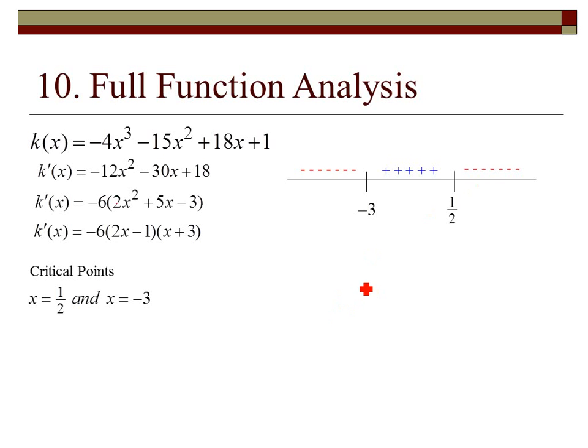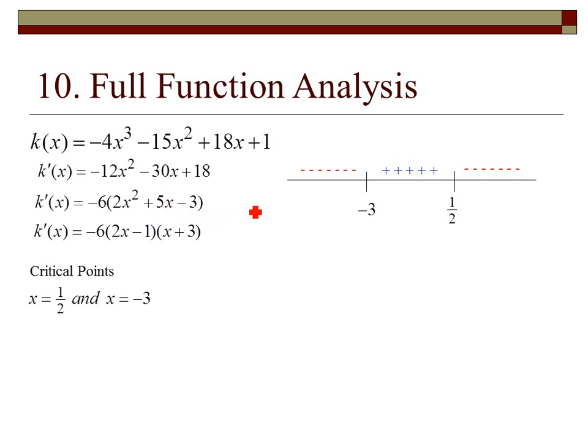You could plug in points to test it. I could try it by plugging in 1. If I plugged in 1 in this equation, I would have negative 12 minus 30. That's negative 42 plus 18. That's negative. So I could test it. But once you get one of the points, you can usually figure out the others.